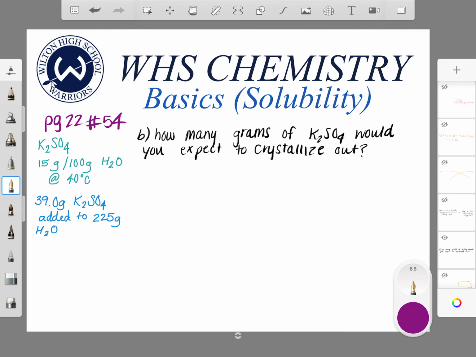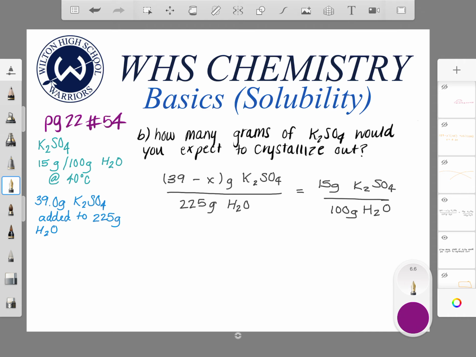So we can do 39 minus x, where x is the amount that we expect to crystallize out, over the 225 grams of H2O. And you can see that here on the left of the equal sign. And then we set that expression equal to the 15 grams of K2SO4 divided by the 100 grams of H2O.